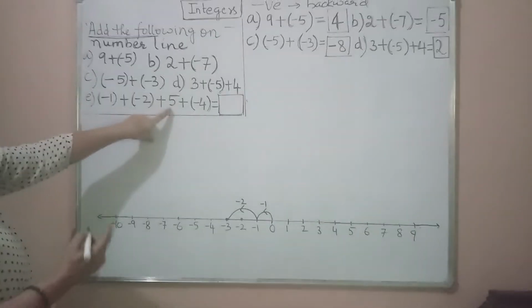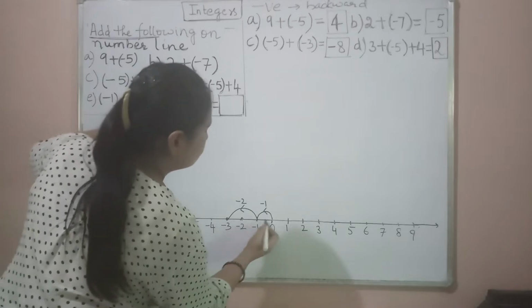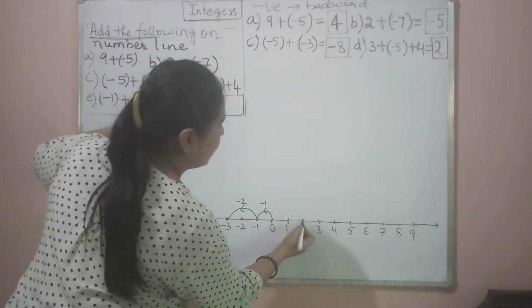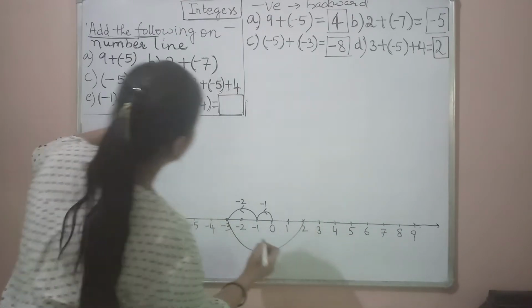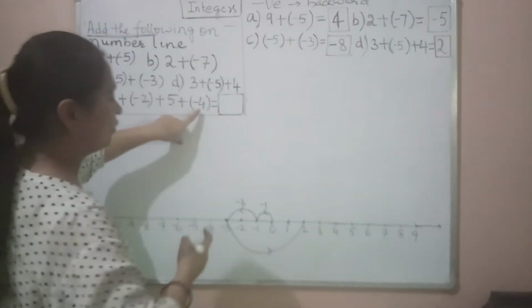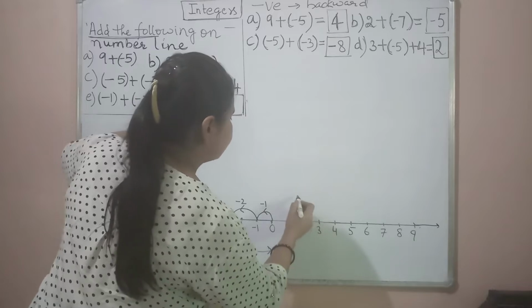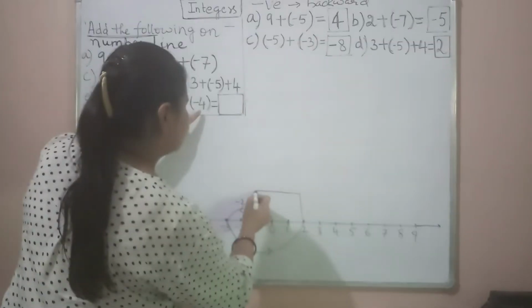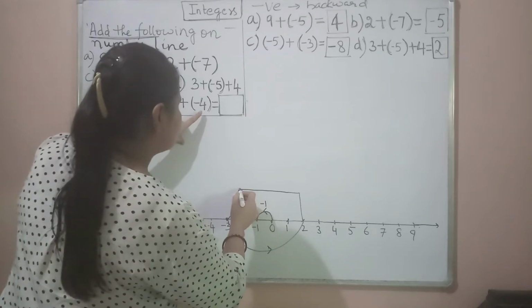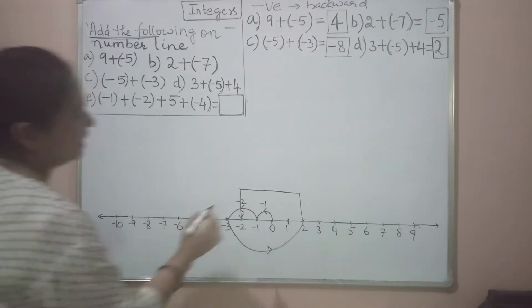Then 5 steps in the forward direction, that means 1, 2, 3, 4 and 5. We will reach here. 5 steps forward, and then 4 steps backward. 4 steps backward means 1 step, 2 step, 3 step and 4 step. That means we are reaching at this, right?